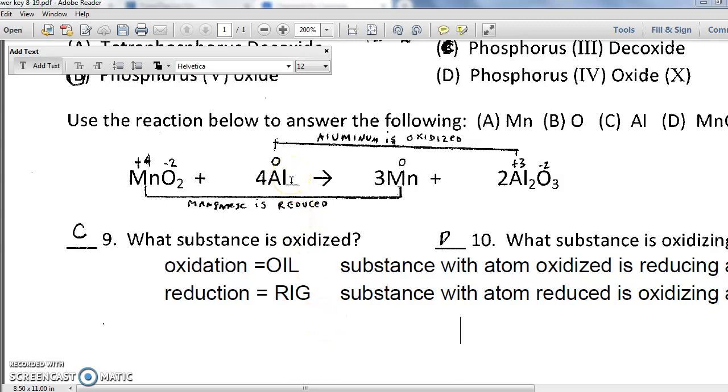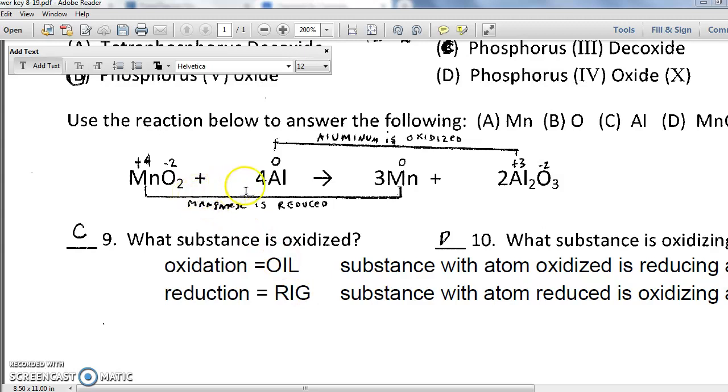Well, your oxidation number has to change if you're an element on one side and you're in a compound on another. Because when you're an element alone, your oxidation number is always zero. When you're in a compound, you will have an oxidation number other than zero.